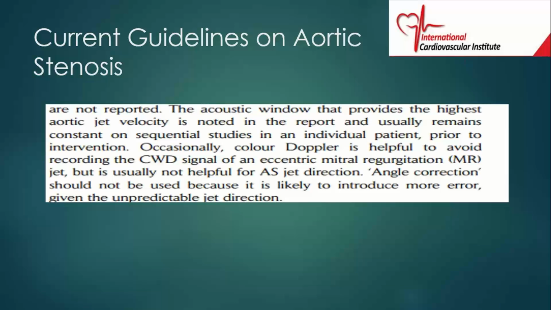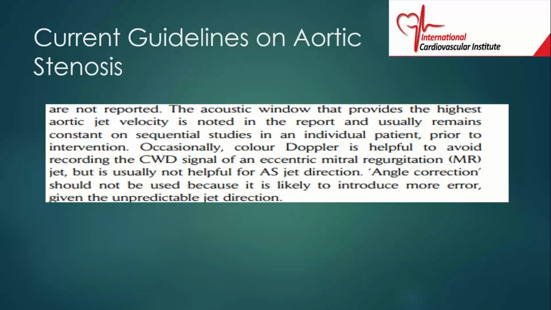Also, it is important to not mix up the MR, the mitral regurgitant envelope, with the aortic stenotic envelope. You should be comfortable in distinguishing these jets, because they're both systolic jets.